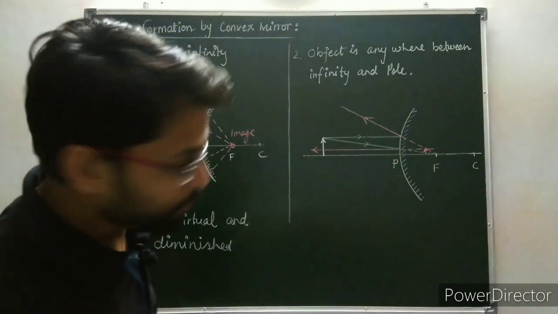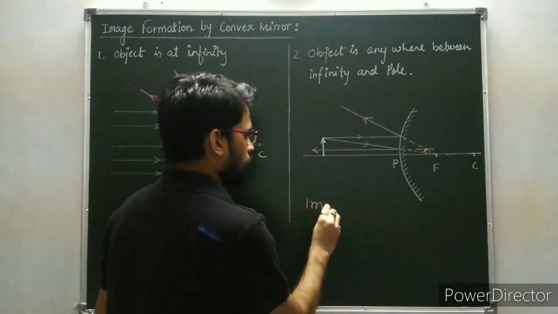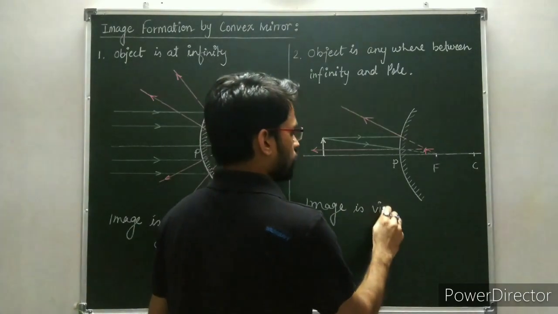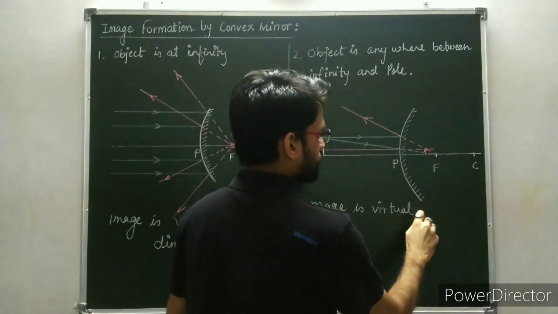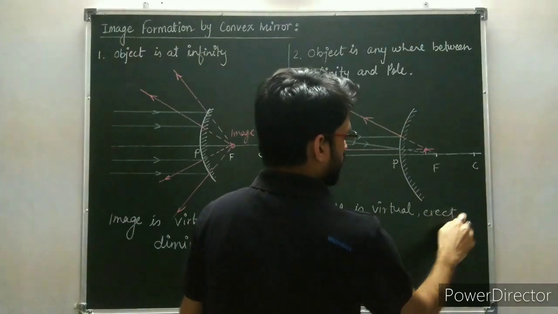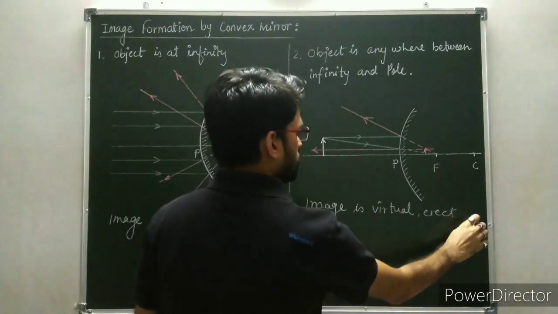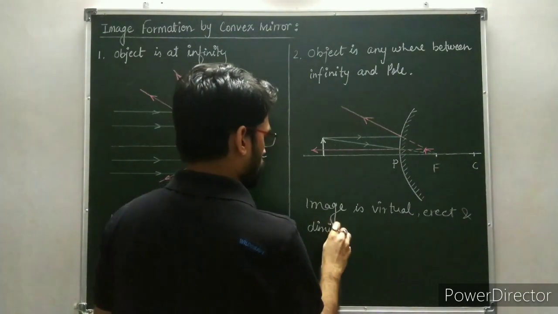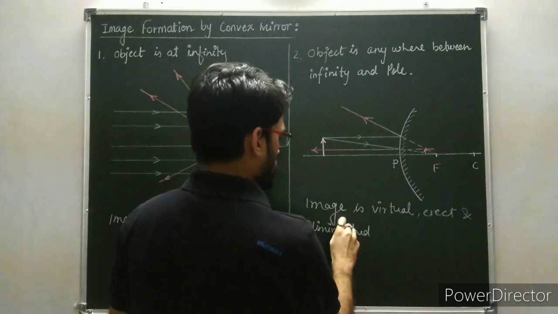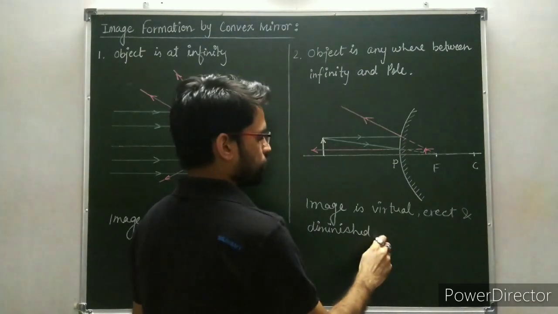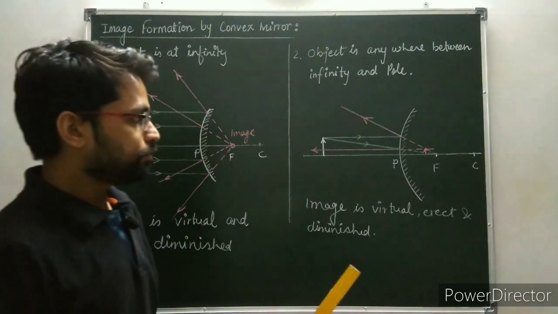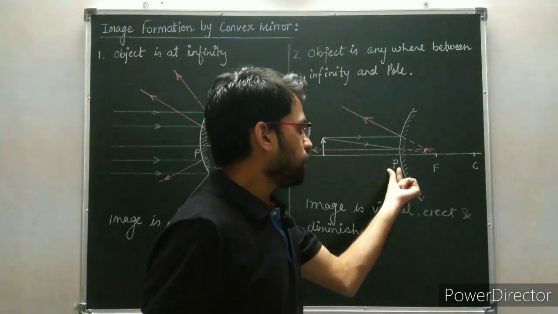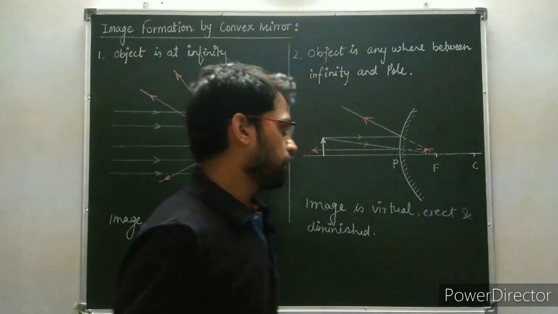So we can write image is virtual, erect and diminished, and the image is located between pole and focus of the mirror.